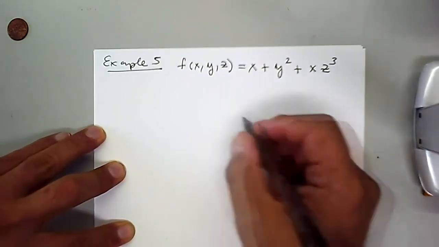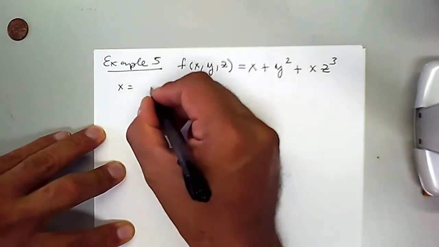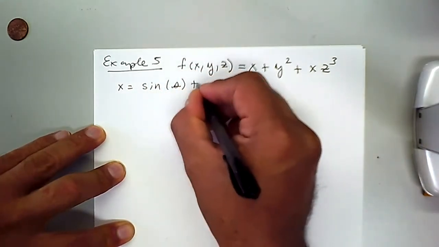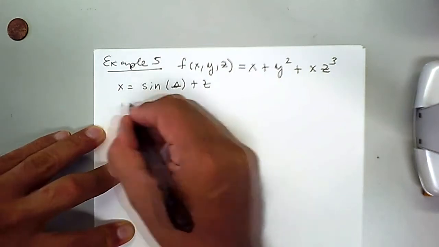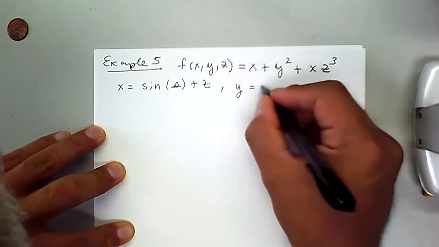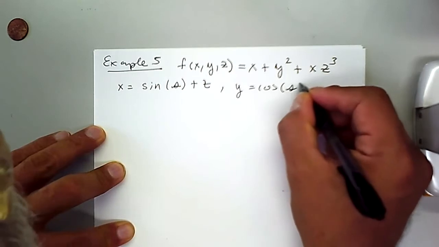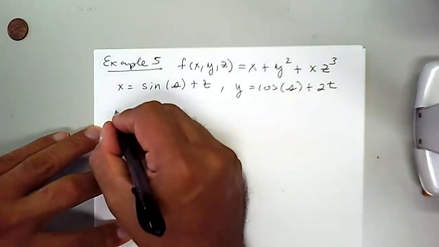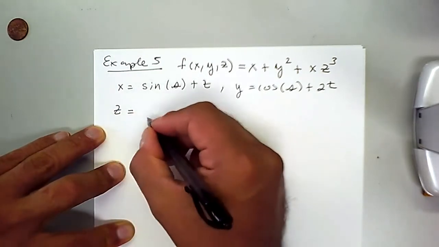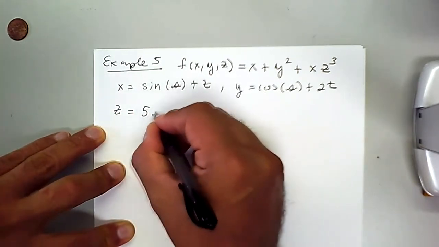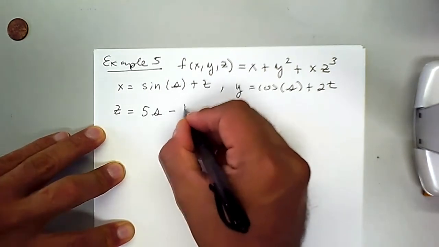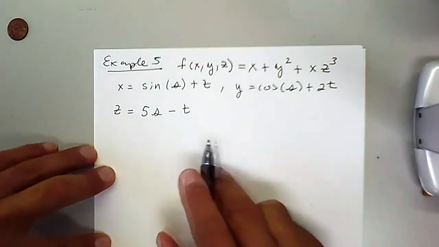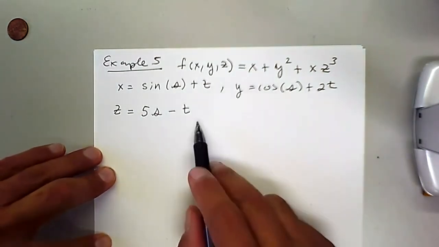In turn, x is the sine of s plus t, and y is the cosine of s plus 2t, and z is equal to 5s minus t. Okay, so we have to explain the relationships that are going on in the function.